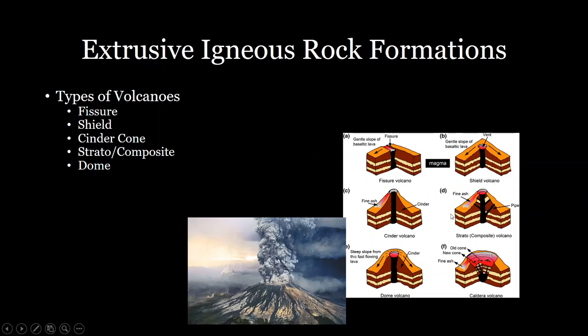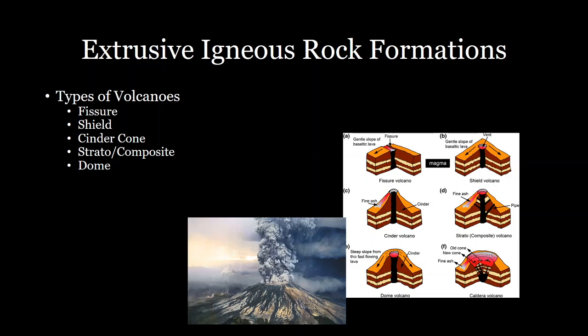Next, we have dome volcanoes, and we're starting to get into very large, very explosive volcanoes. So generally, shield volcanoes have very mafic lava, and so they have a low viscosity, whereas dome volcanoes have very felsic lava, and therefore it's much more explosive.